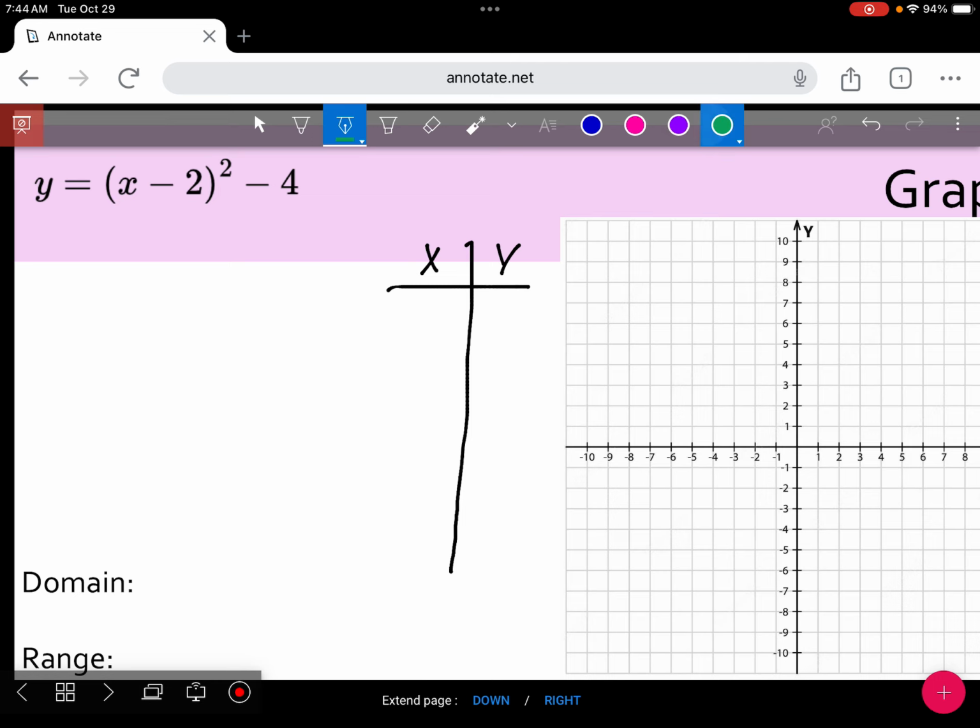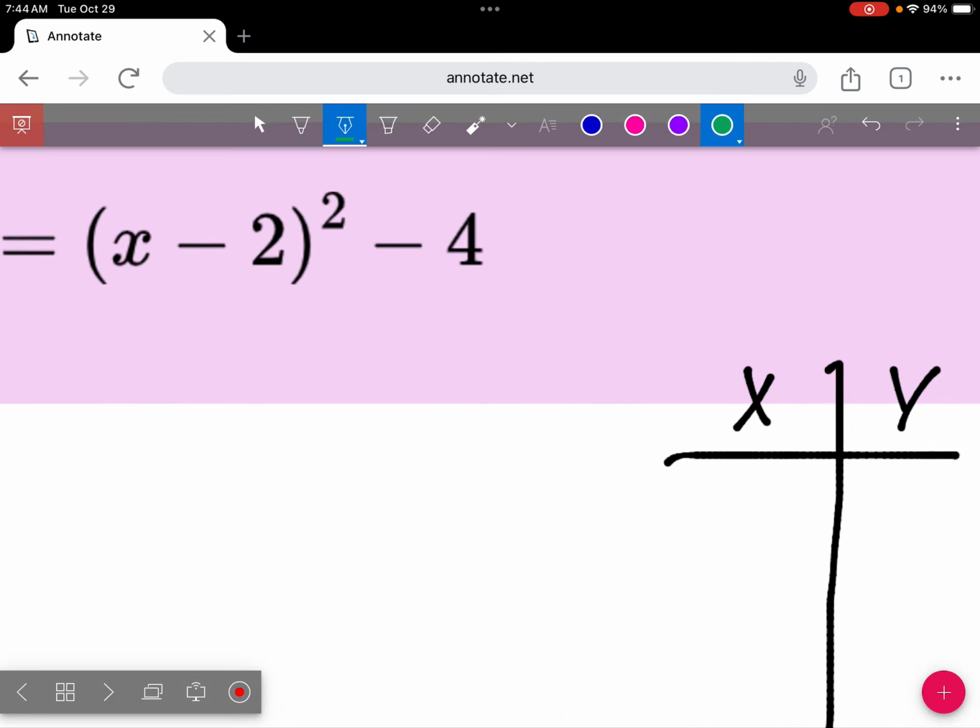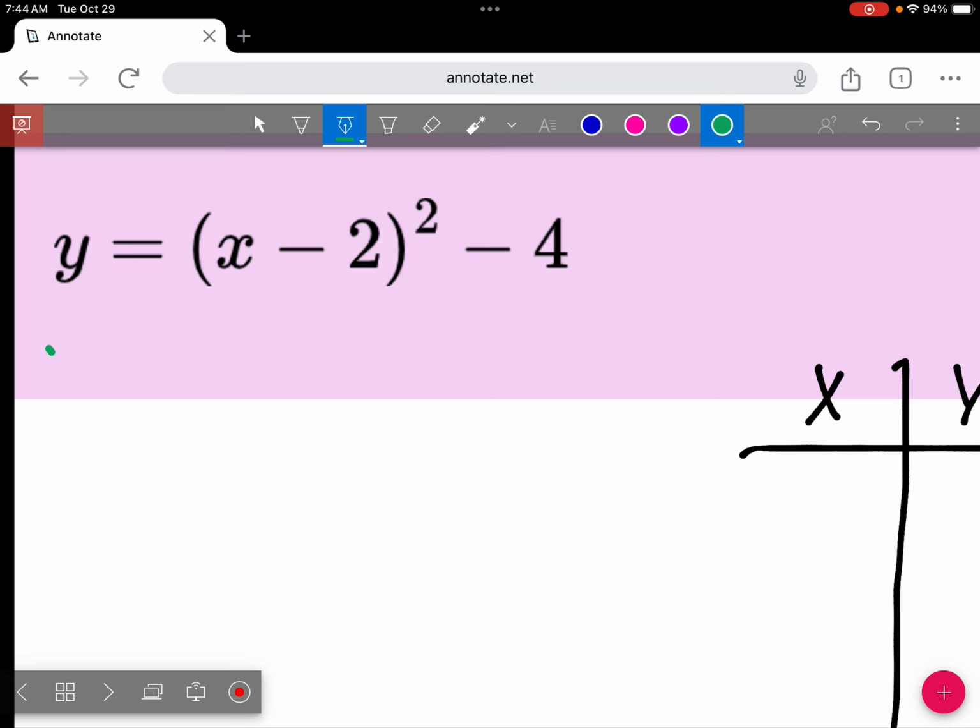Okay, so in order to do that, I need to know where my vertex is, which means I want to know where my H is and where my K is. So what is H? 2. And it always has the opposite sign, so it's a positive 2. What is my K? -4.